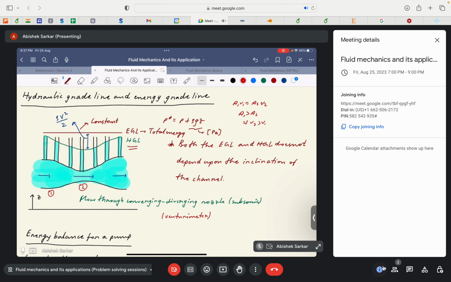Okay, and that's why in this region the contribution of the dynamic pressure is higher compared to this region, and if we sum it up, it will give us the total energy, right?